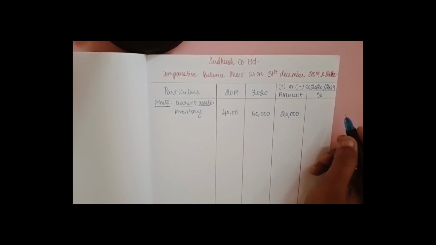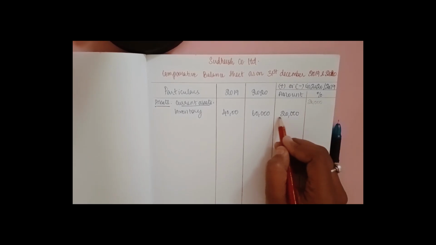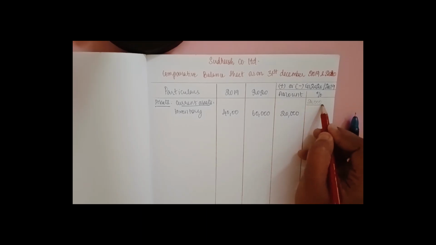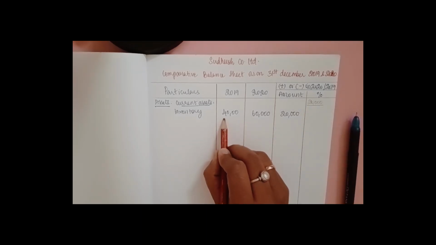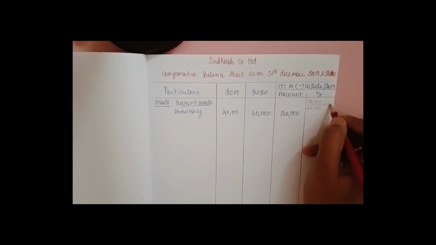How will you calculate the percentage? I told you in the last video and I am repeating it in this video. It is 20,000 divided by 40,000, which is your base year value, into 100.